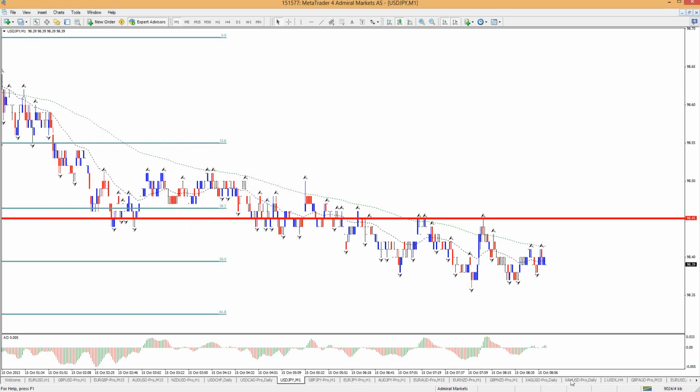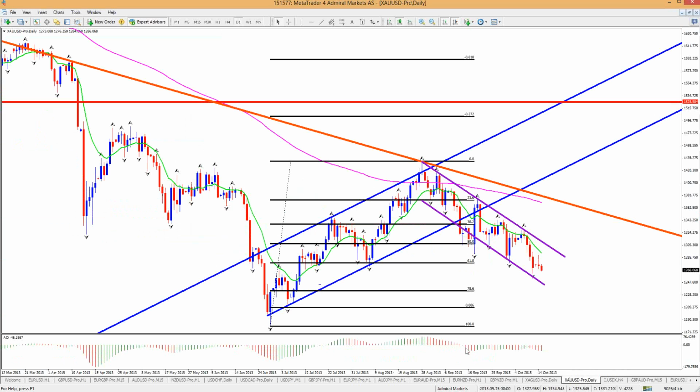But I'll take a look at the XAU USD and dollar CAD. I trade in a pro account. And why do I trade in a pro account? I don't know exactly what the question was intended for. Well, it seems logical.